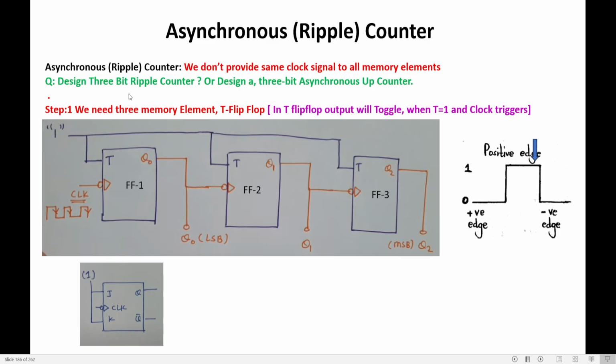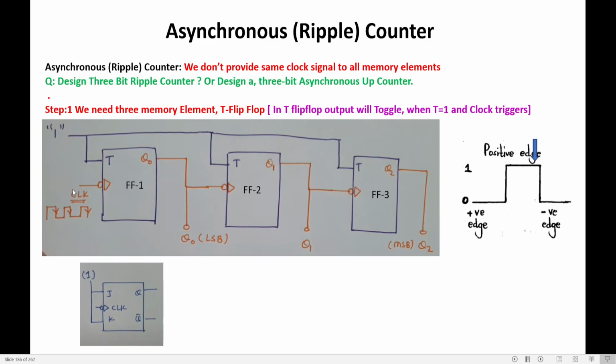So what is the first step in the construction? Design a 3-bit ripple counter. So how many flip-flops do I need? 3 flip-flops: flip-flop 1, flip-flop 2, flip-flop 3. What type of flip-flop am I going to take? I'm going to take a T flip-flop. T, T, T. Take all the T inputs and connect them to 1. Now what is the next step?